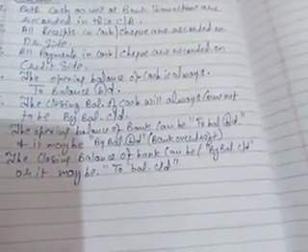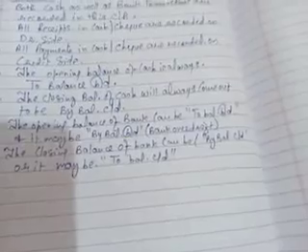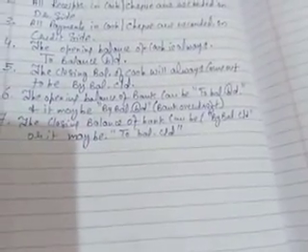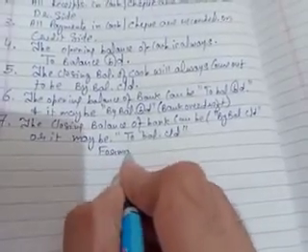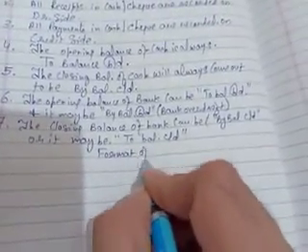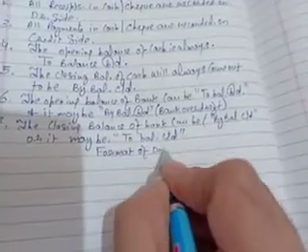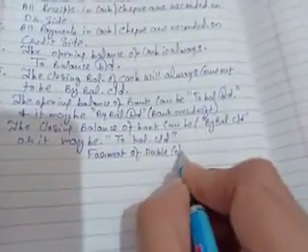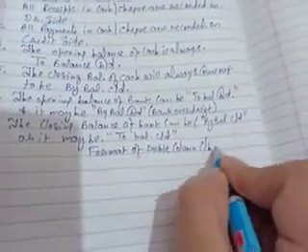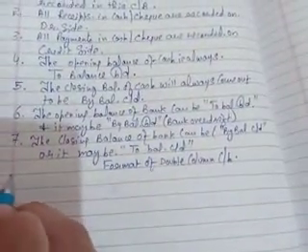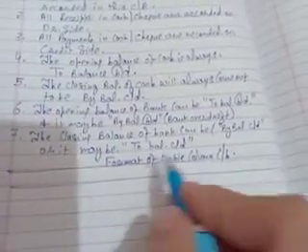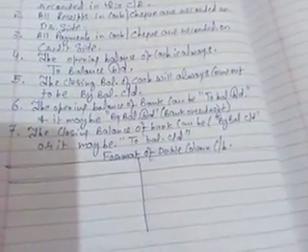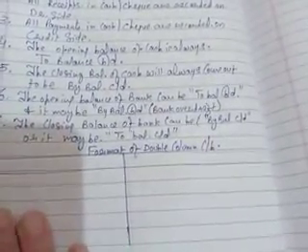There are certain specific transactions involved in the double column cash book, which we'll be doing in the later part. So let's come across the format or the proforma of the double column cash book. As the name suggests, it's a double column. That means we'll be having two amount columns.